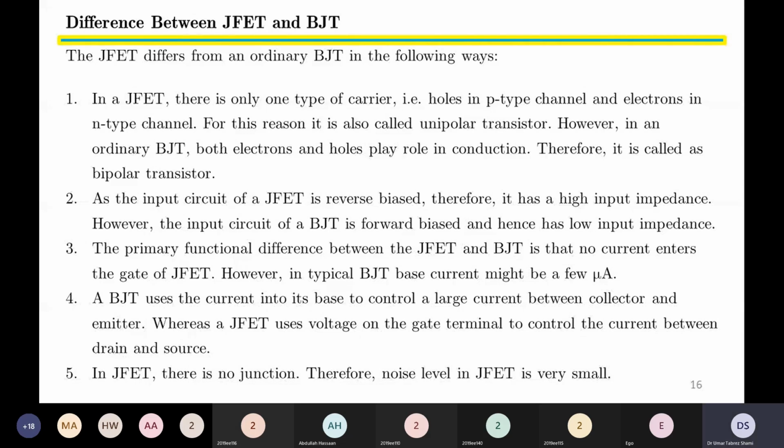But in the BJT case, since the BJT is a current control device, only if we have base current can we have collector current. Therefore, the BJT allows current to flow from base to emitter. However, a typical BJT base current might be a few microamperes.